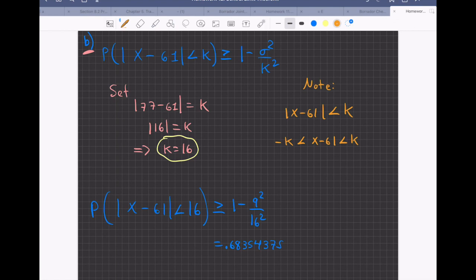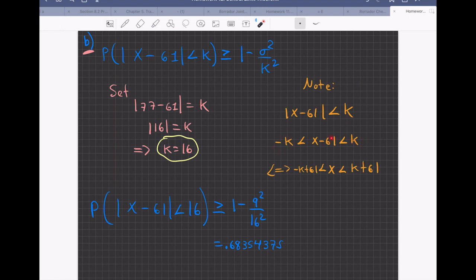If you replace the value for k that we got, that is 16, and you manipulate this inequality, you will get negative k plus 61 less than x less than k plus 61. What did I do here? I only added 61 to both sides to cancel the negative 61. It's like we have three sides here, right?